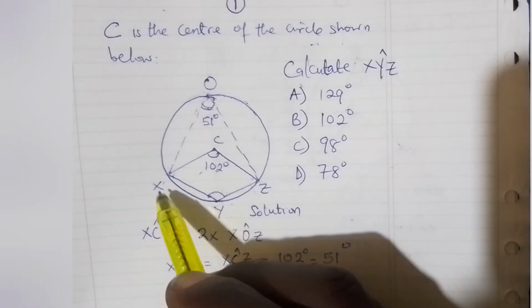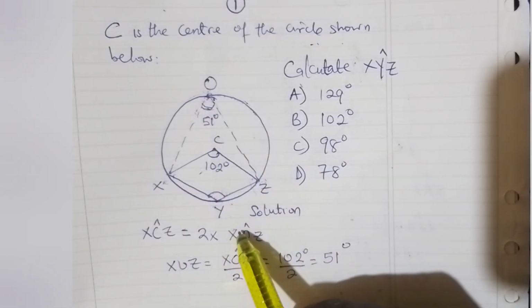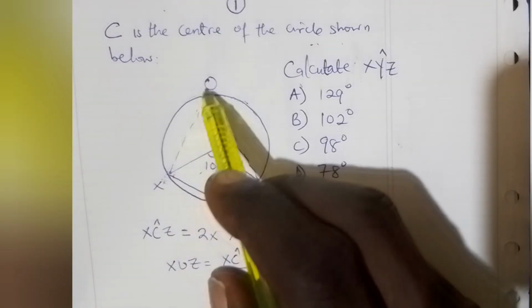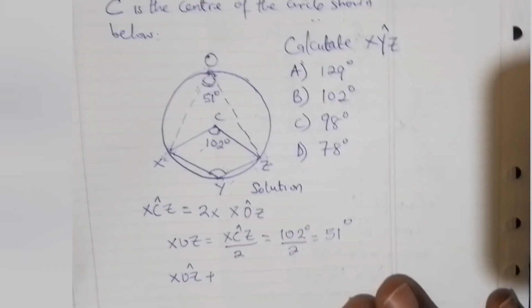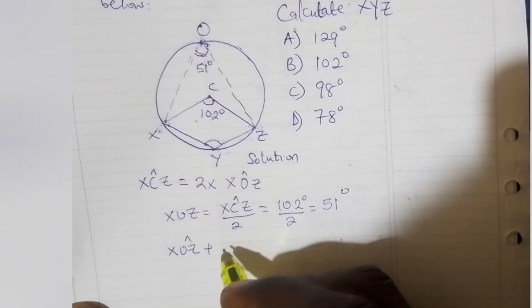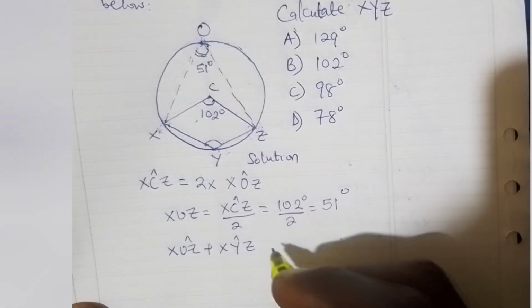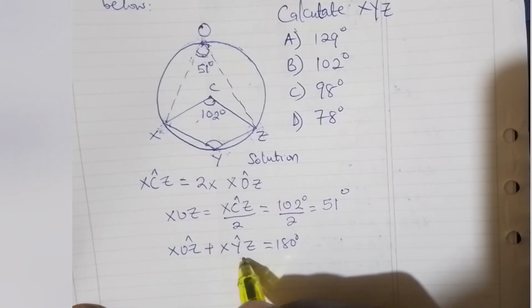So you can easily see that angle XOZ will be equal to 180 minus this one here. That means if you add these two, you must get 180. So you're going to have XOZ plus XYZ, that's this one and this one, must give you 180 degrees. But our required angle which you are looking for is XYZ.